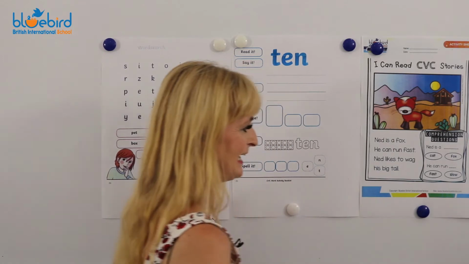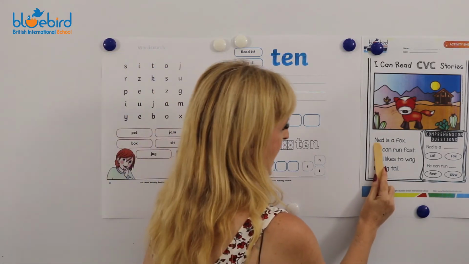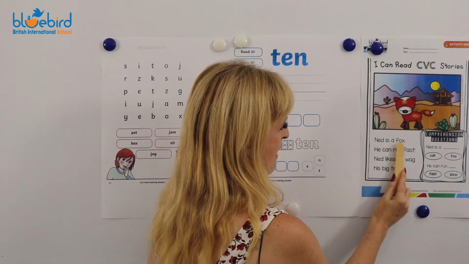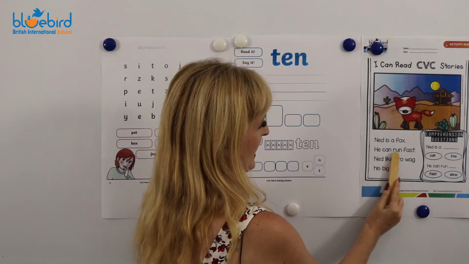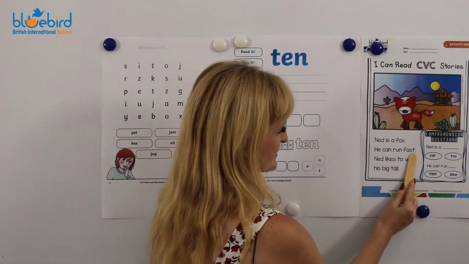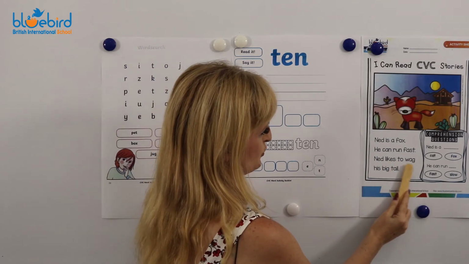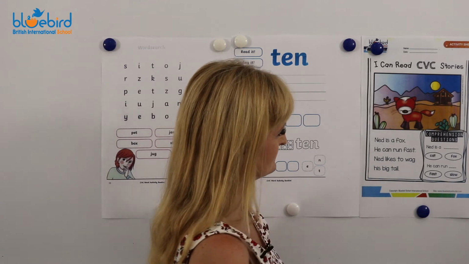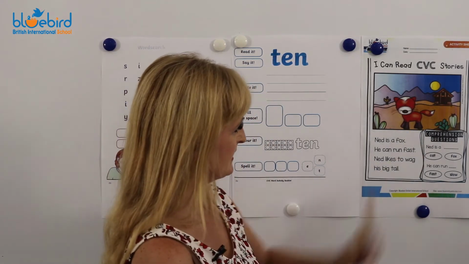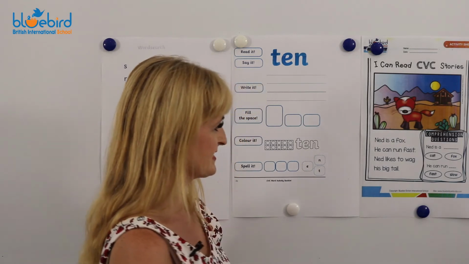His big tail. Okay, let's do it one last time. Ned is a fox. He can run fast. Ned likes to wag his big tail. So this is Ned. He's our fox and he likes to run fast and he likes to wag his tail.